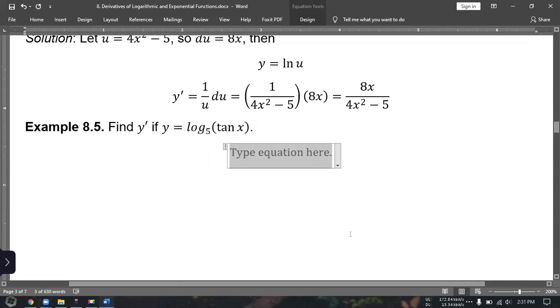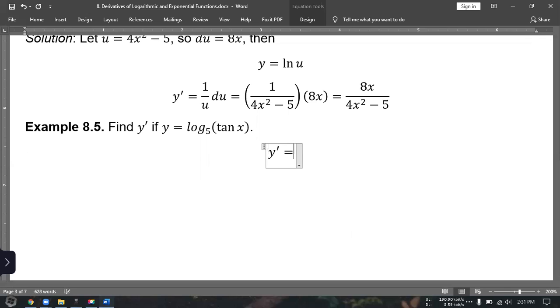Okay, so y prime kagad tayo. Our u is tangent x. And our du, what is the derivative of tangent x? Hello, what is the derivative of tangent x?